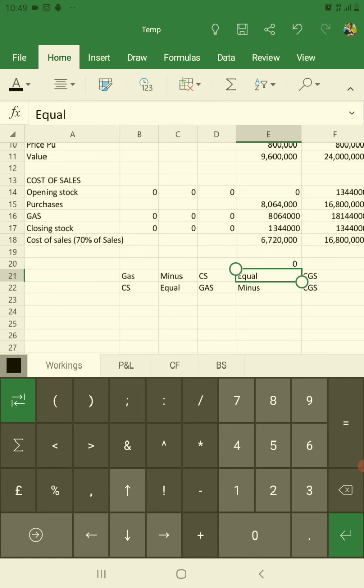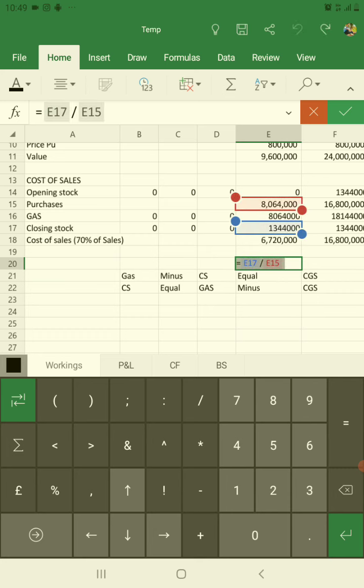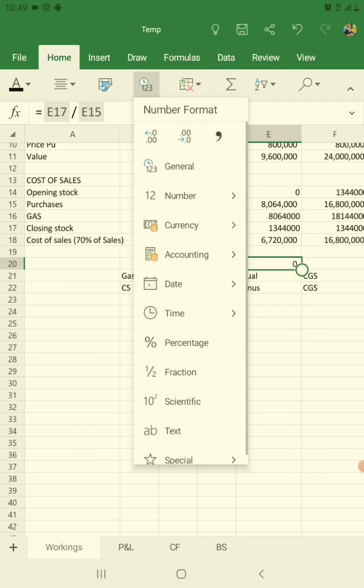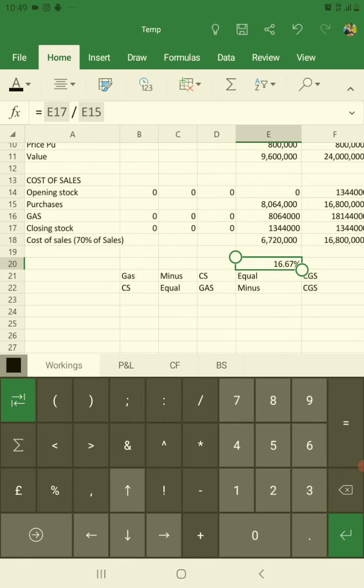What do I get? Let me put it into percentage. Maybe I should increase the decimal numbers here and put it on percentage.